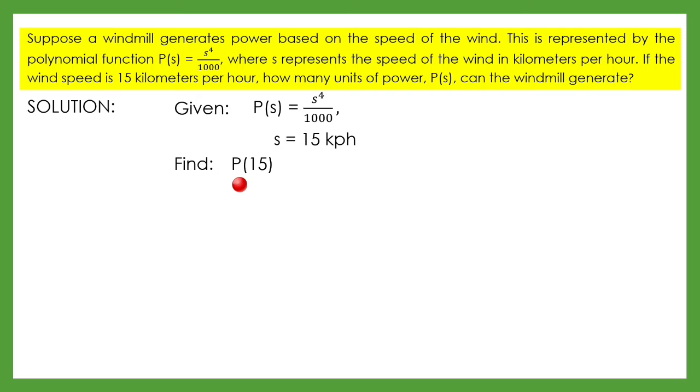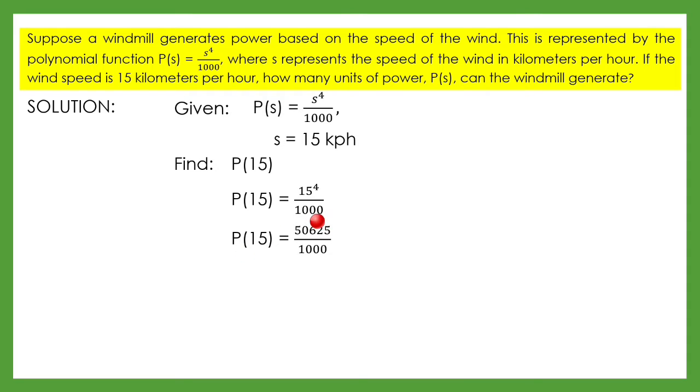Now we will substitute S equals 15 kph to our polynomial function. So papalitan lang natin ng 15 yung mga S. So we have P of 15 equals 15 raised to the 4th power over 1,000. Then, let's solve.